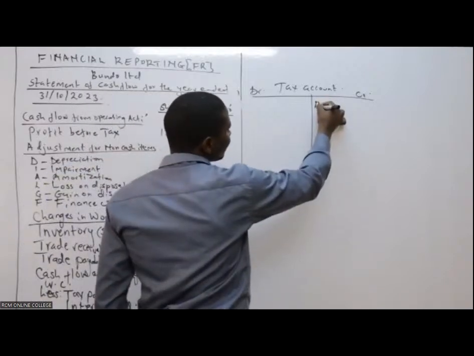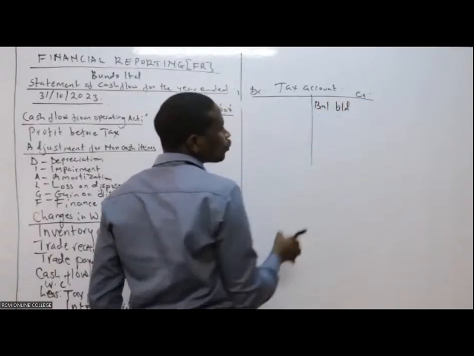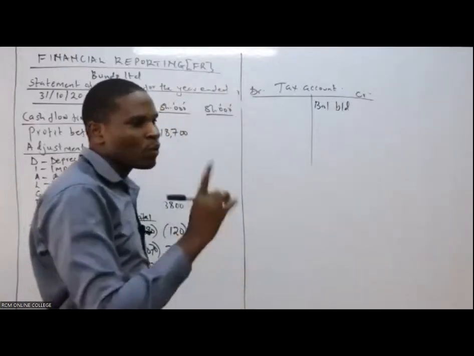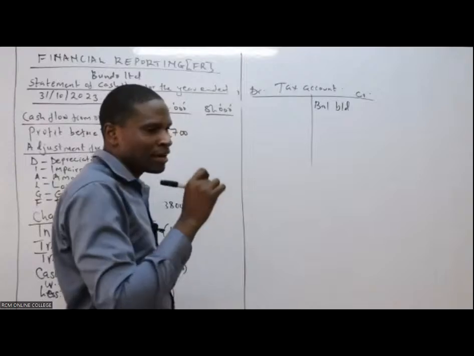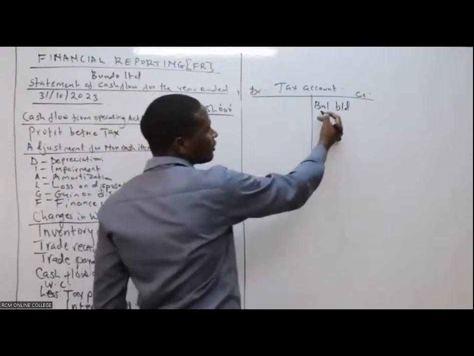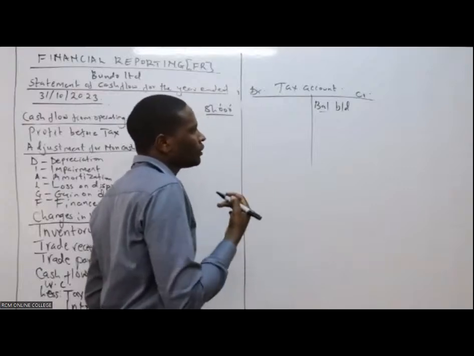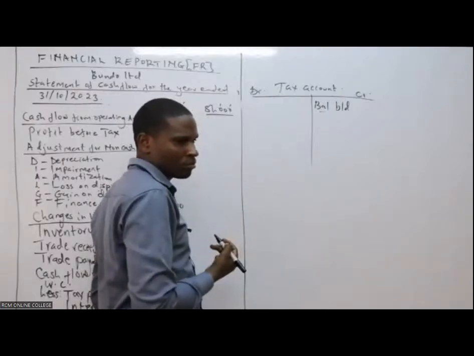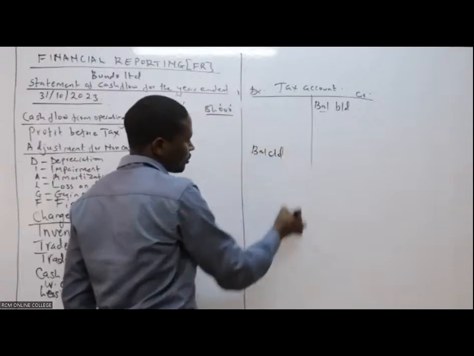Therefore, the balance brought down is always credited. Once you say that tax has a credit balance, it is the balance brought down that we are looking at. The balance brought down is the one that will dictate. Therefore, balance carried down will be on this side.